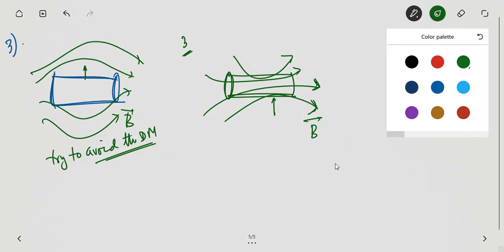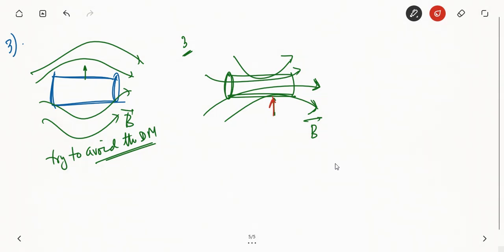The field is attracted towards the material.